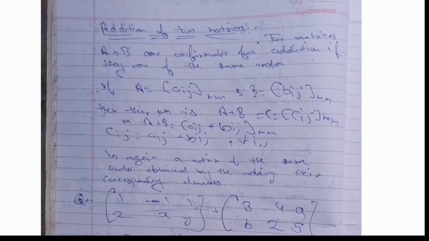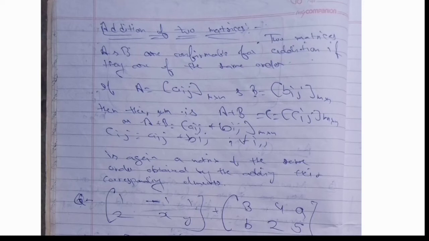Addition of two matrices. Two matrices A and B are conformable for addition if they are of the same order. If A is a matrix of order m cross n whose entries are Aij, and B is a matrix of order m cross n whose entries are Bij, then their sum A plus B is equal to the matrix C of order m cross n whose entries are Cij. So A plus B is a matrix of order m cross n whose entries are Aij plus Bij.